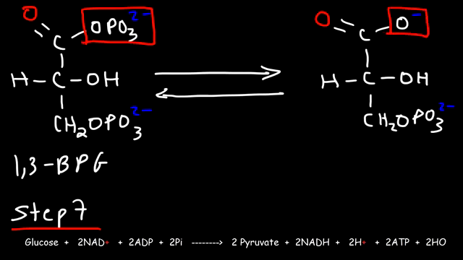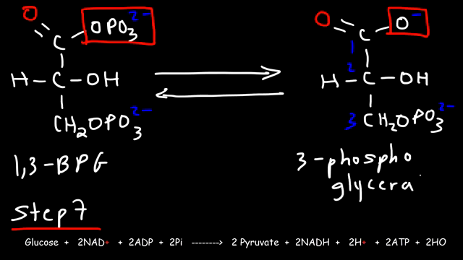We're still dealing with glycerate, but we don't have a phosphate group on carbon 1. We only have it on carbon 3. So instead of saying 1,3-bisphosphoglycerate, this is simply 3-phosphoglycerate. That's the name of the product for this reaction.